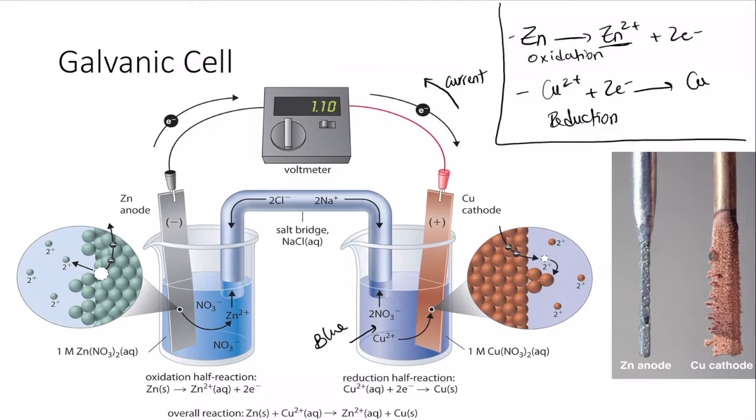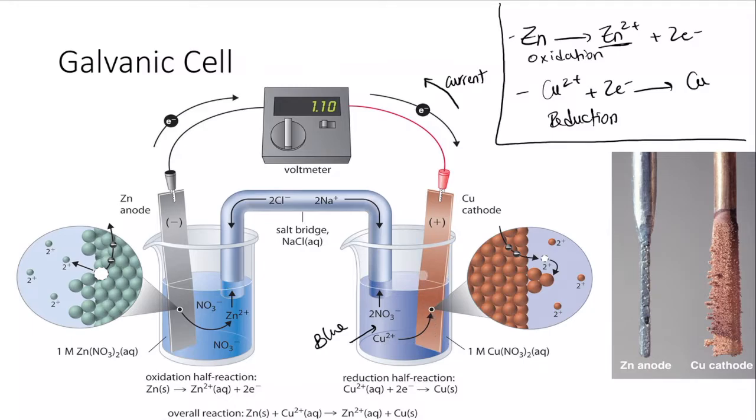Do you know how we explain why Zn decreases in mass and why the Cu cathode increases in mass? Because here the Zn is becoming Zn2+, and here Cu2+ is becoming Cu, and that's why the blue color starts to fade, because we don't have as much Cu2+. The concentration of Cu2+ is decreasing because it's becoming Cu.